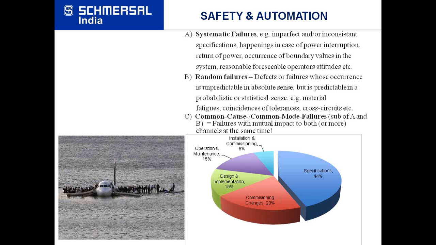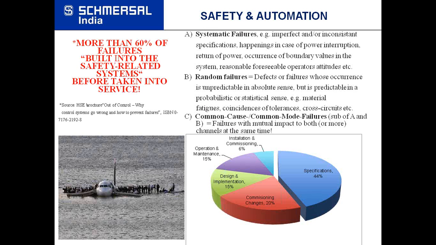So if you see the percentage breakup, approximately 60% of the dangerous failures are built into the safety related systems before being taken into service.